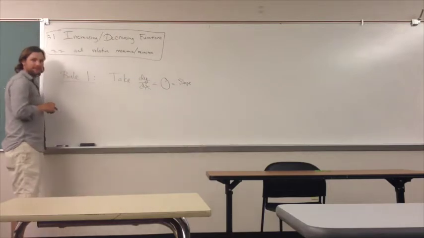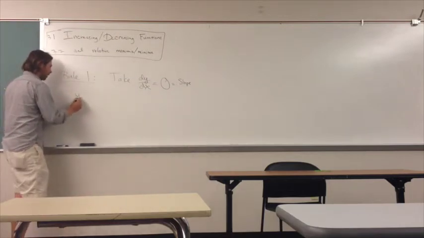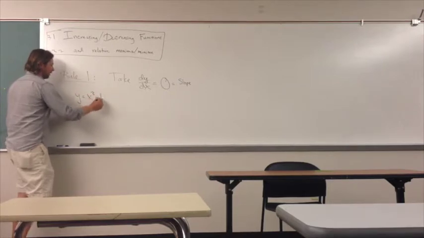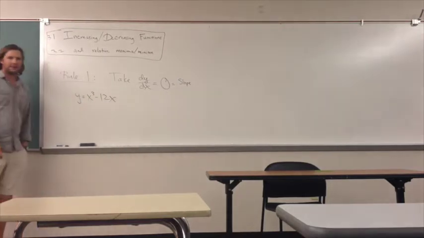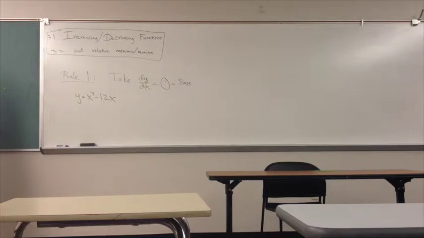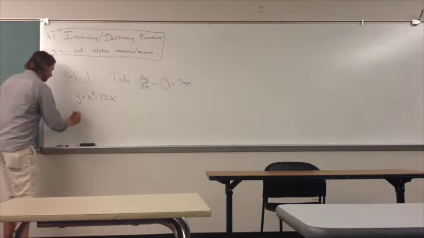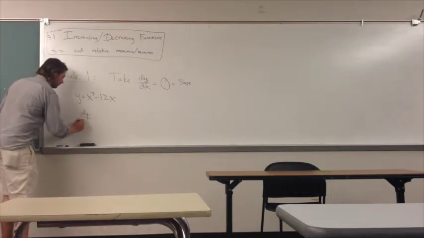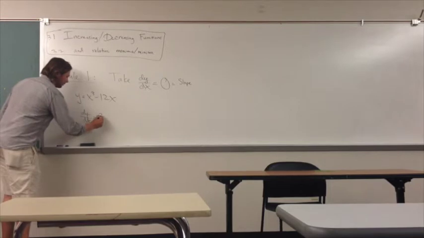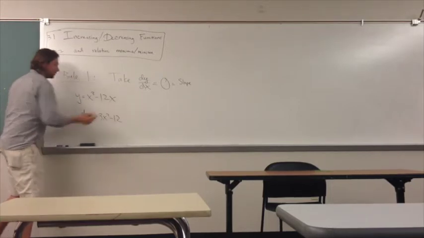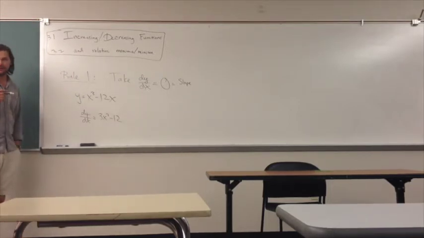Okay? So if I give you a function like y equals x cubed minus 12x, and it's any problem in chapter 12, or in chapter 3, what should you do? Take the derivative. What's the derivative? 3x squared minus 12, and what do you do next?